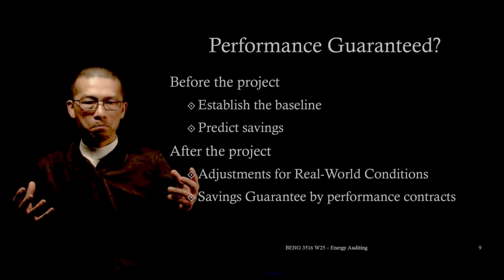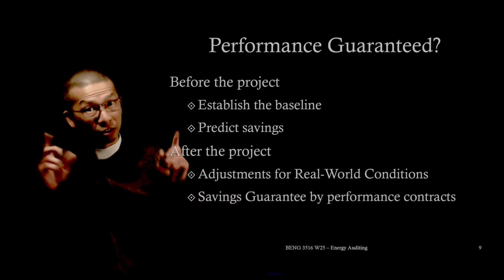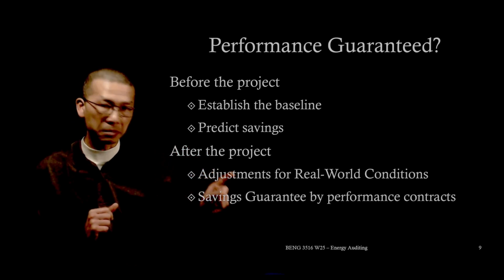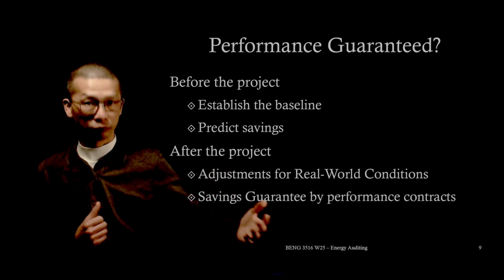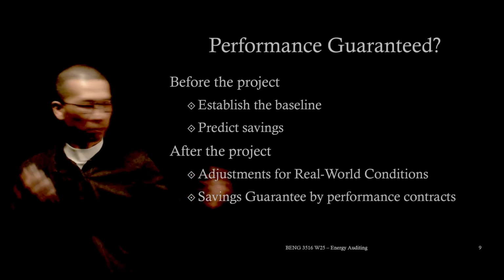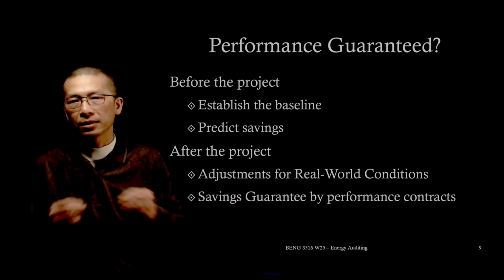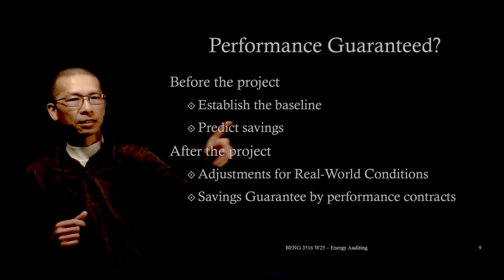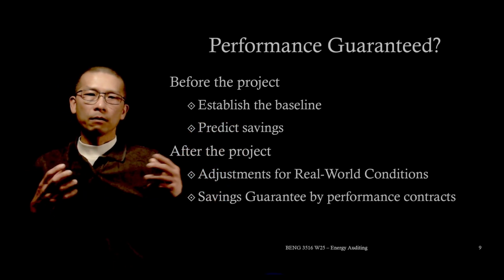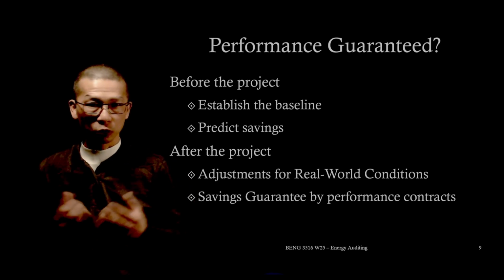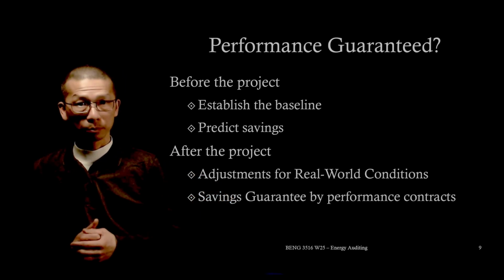If measured savings fall short of projections after the adjustment, then the provider must pay the difference because it's a guaranteed performance contract. This is why an accurate baseline and adjustment are very important. They are crucial both for the customer and the project providers.